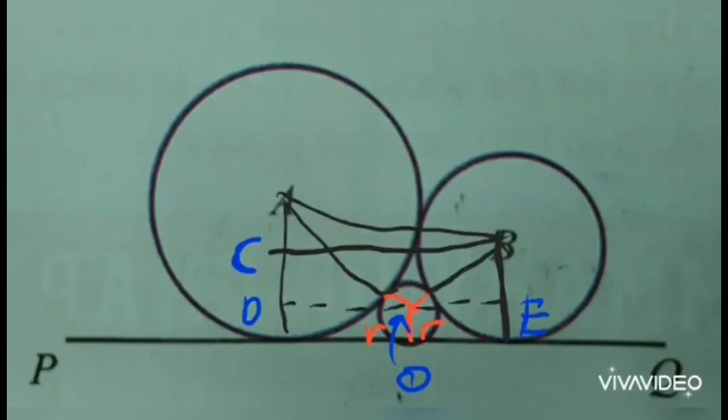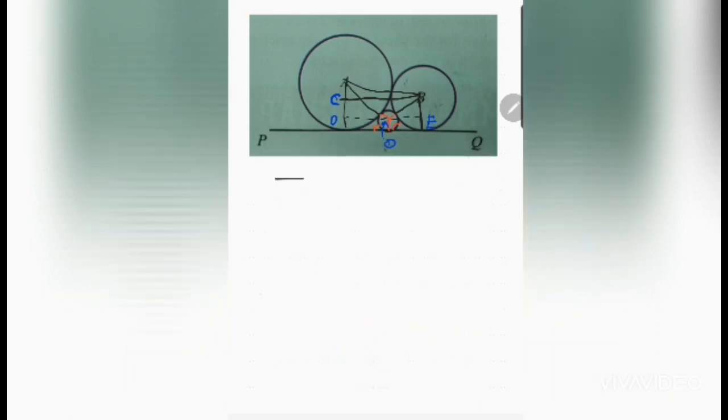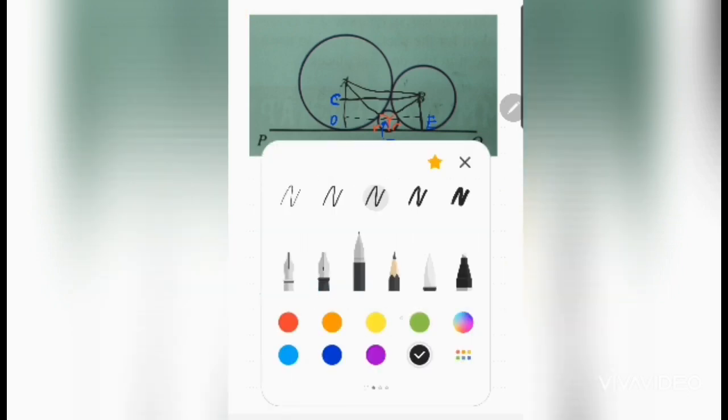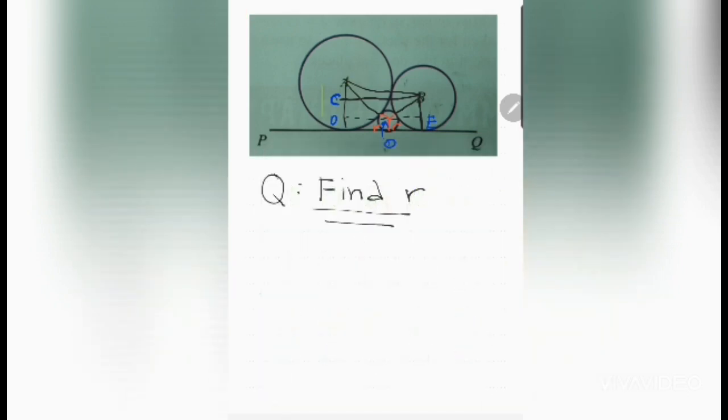So first, understand the diagram that I just drew carefully. Basically, the question asks us to find R. We know that the radius of A is 2 and the radius of B is 1.